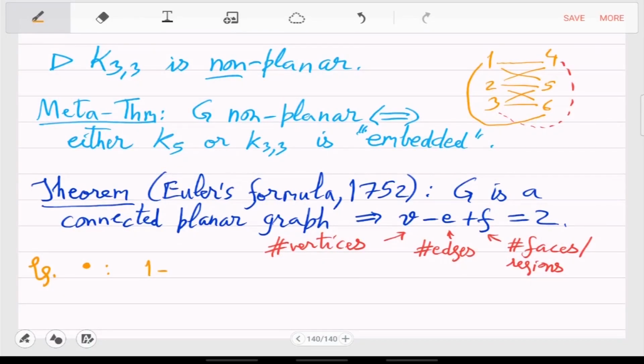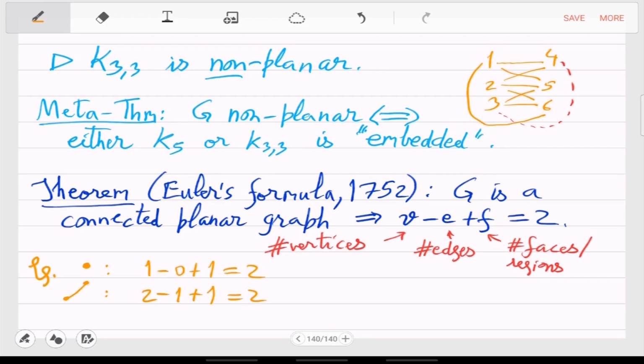So okay, let us just interpret this formula. In the case of a point, vertices is 1, edges are 0, faces is 1, so you have 1 minus 0 plus 1. In the case of a line, what do you see? You have 2 vertices, 1 edge, how many faces? It is still 1, right? Because the line is not an infinite line, it's a line segment that doesn't really divide the plane into 2 parts.